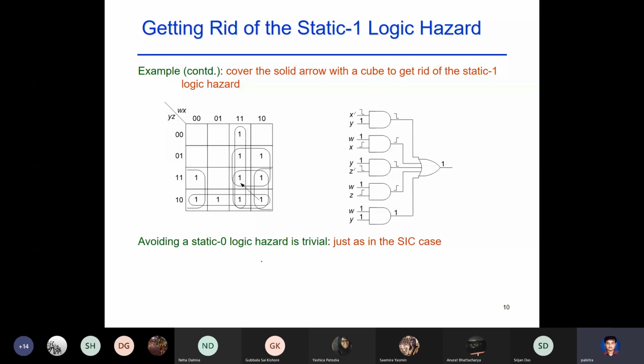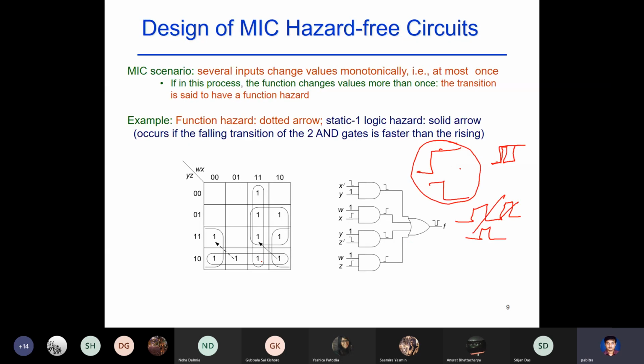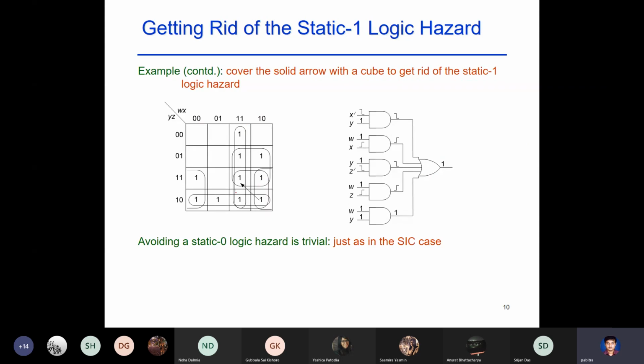So you look at each of the transitions. This is a transition. What is the transition cube? This will be the transition cube, everything that is reachable. So what you have to do is cover this transition cube with an additional gate to get rid of the static hazard.